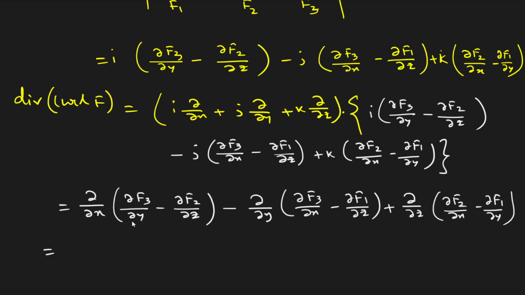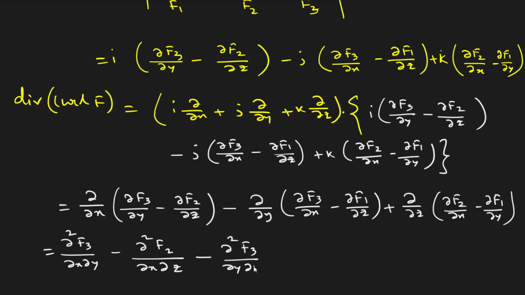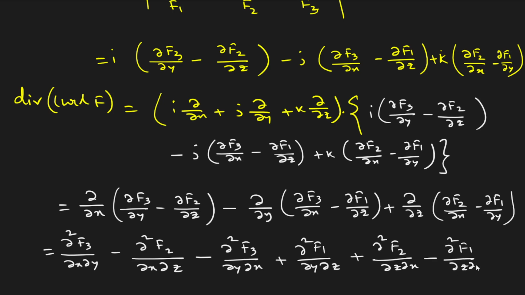Now if we differentiate this, what we can write? ∂²f3/∂x∂y, then ∂²f2/∂x∂z, minus ∂²f3/∂y∂x, plus ∂²f1/∂y∂z, ∂²f2/∂z∂x and then ∂²f1/∂z∂y.